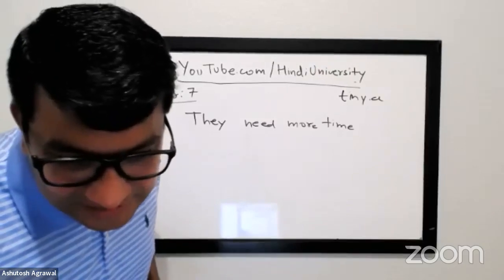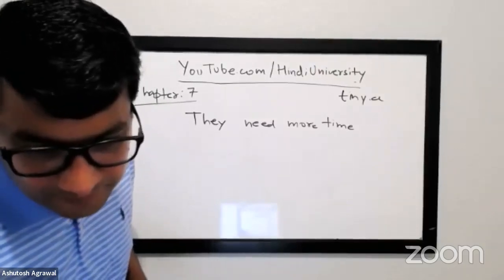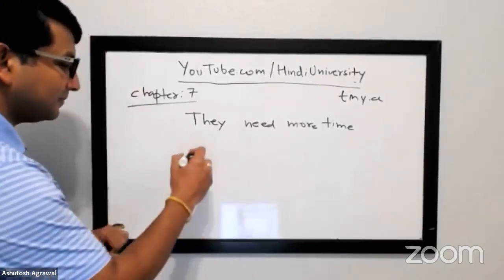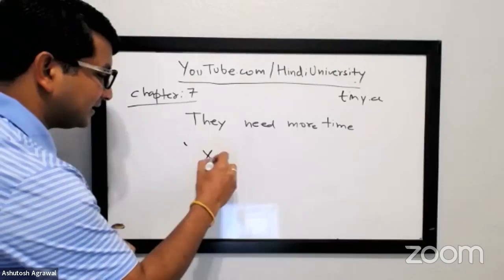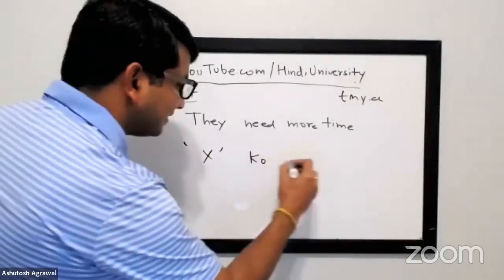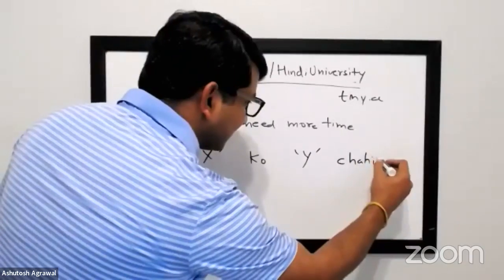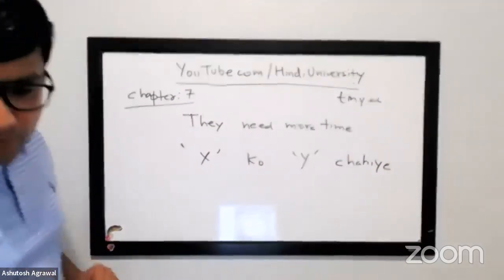Okay, let's see. Tisina ji, you want to take it? How will you say it? They need more time. X को Y चाहिए. Okay, you can unmute yourself.